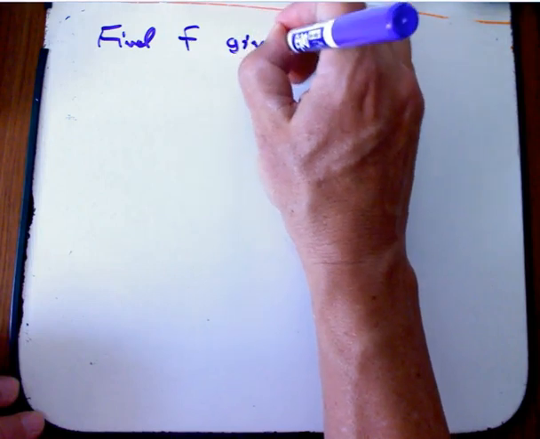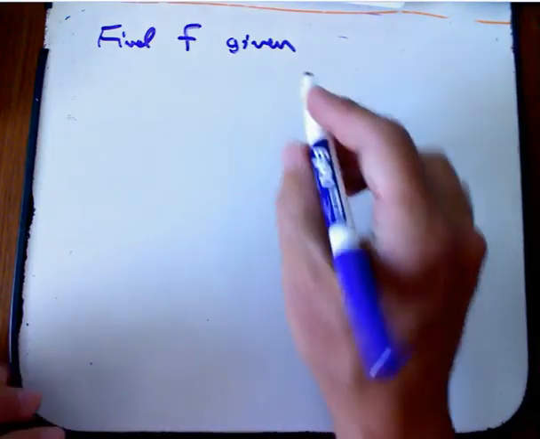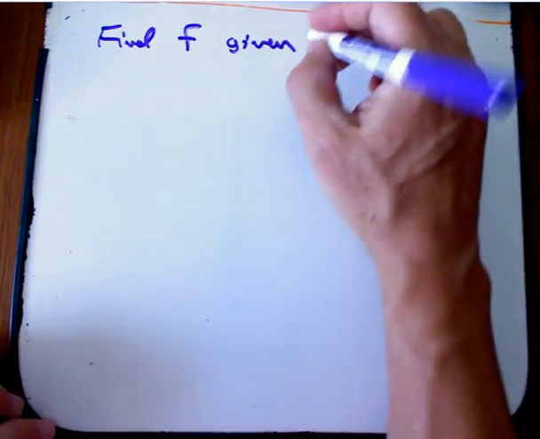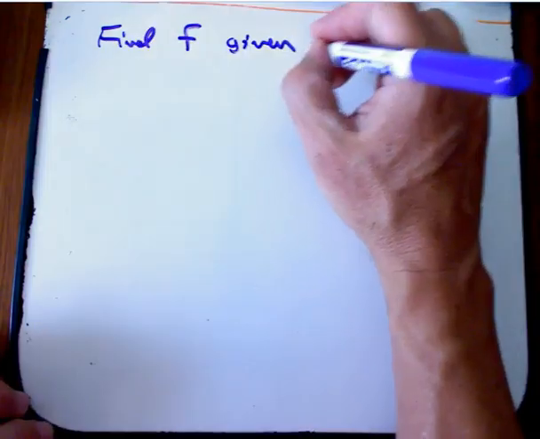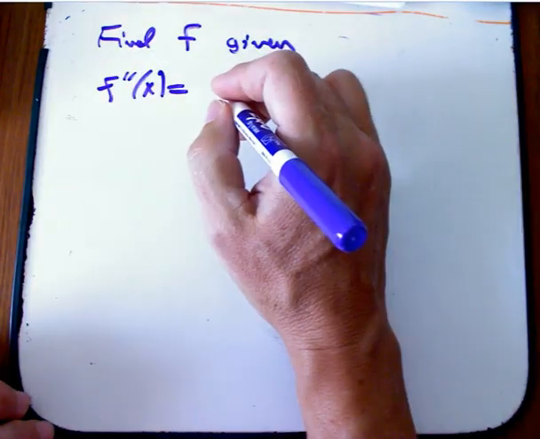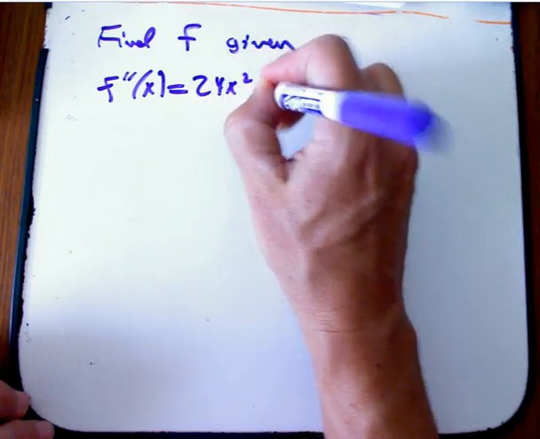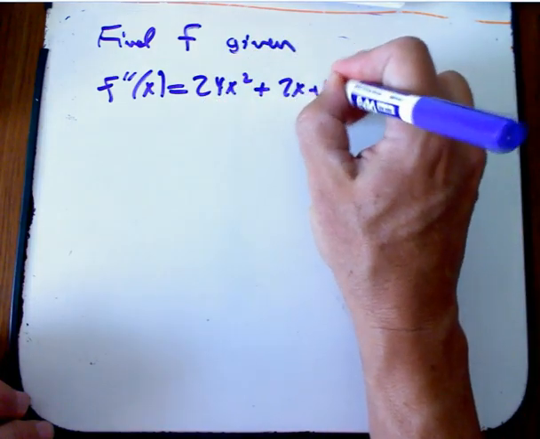given, so I'm going to drop the whole big F little f thing. I wanted to introduce that, but it's not an essential thing. So find mystery function little f. Given that, I'm going to tell you its second derivative is 24x squared plus 2x plus 10.